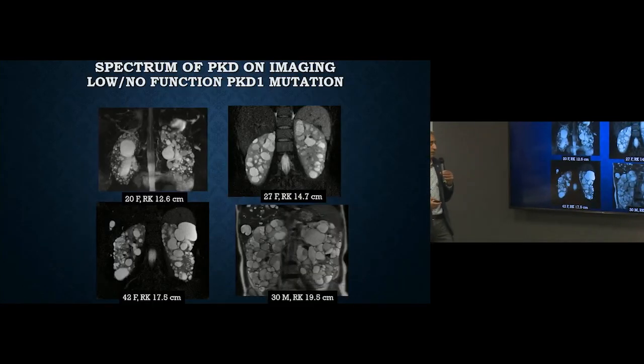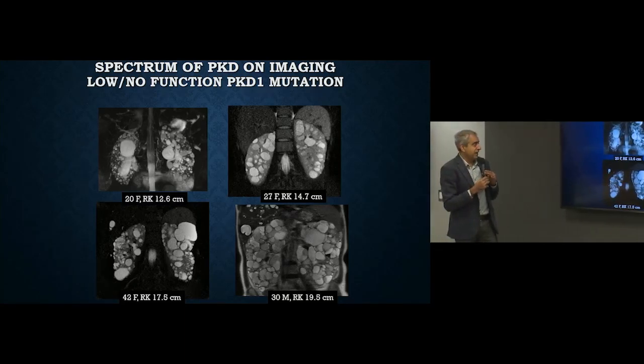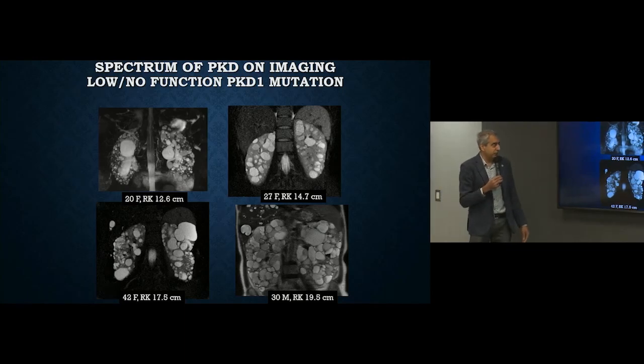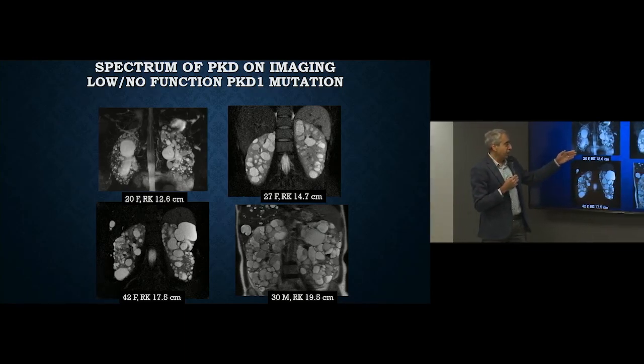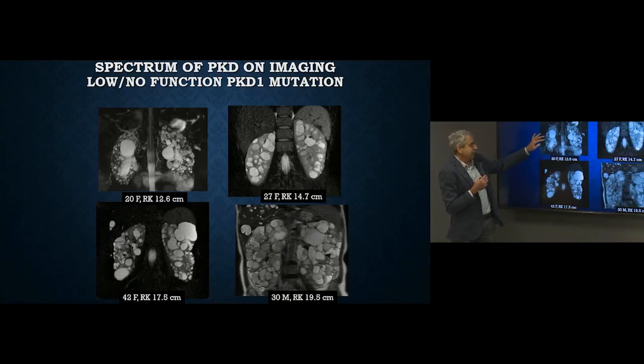So we've seen this morning some images of patients with PKD already on MR and CT scan. And so here is a spectrum of findings. We can see in younger patients, we generally end up seeing smaller cysts.